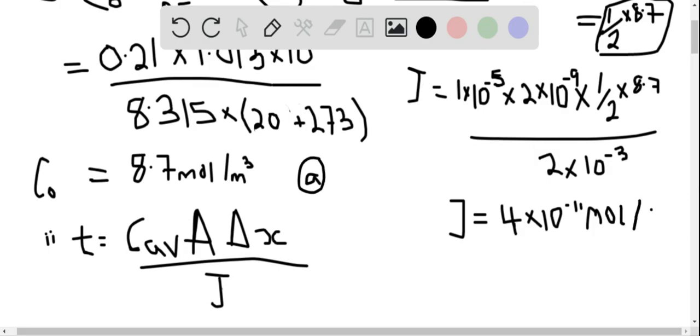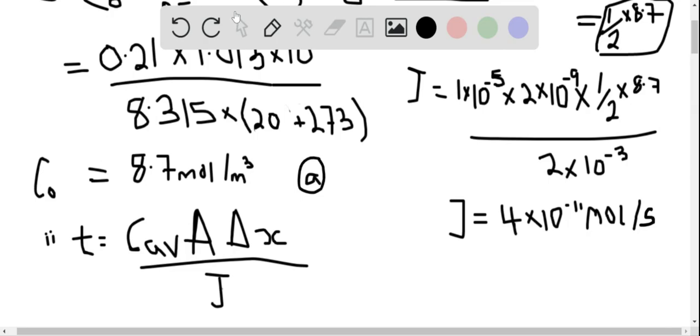So this is the diffusion rate. And now for the final question, which is the estimated average time for a molecule to diffuse into the trachea.